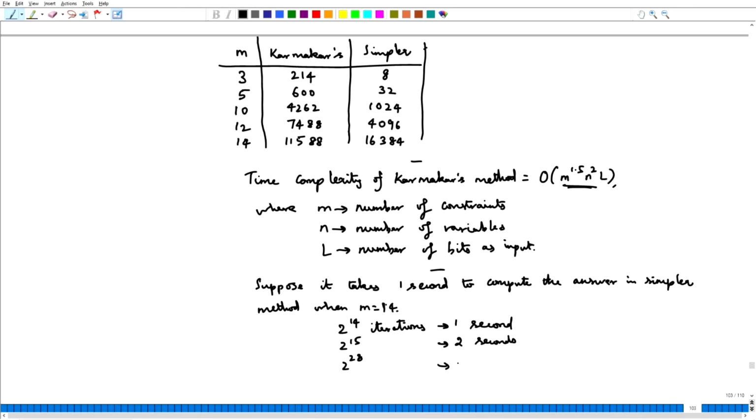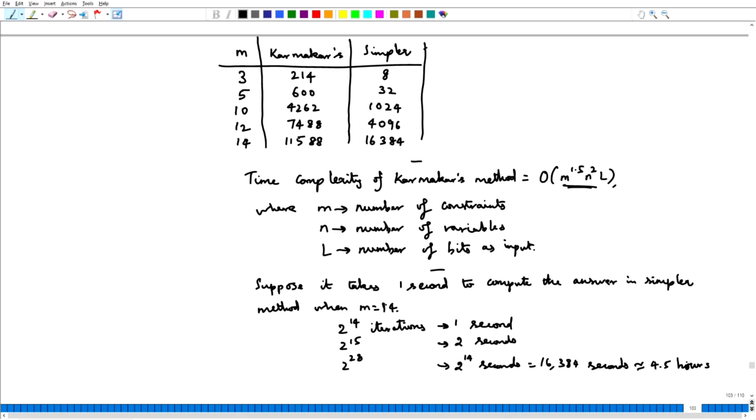It will actually take 2 power 14 seconds, which is 16,384 seconds. 1 hour is 3,600 seconds, so this is slightly less, but about 4.5 hours.